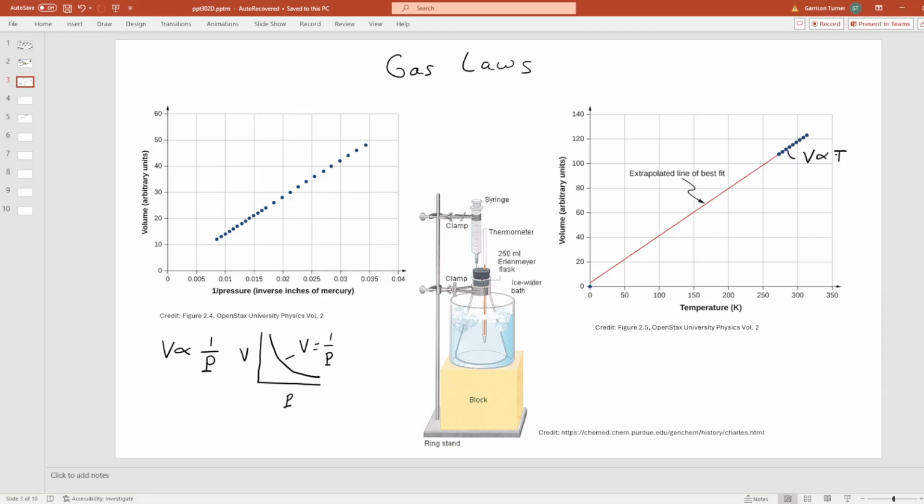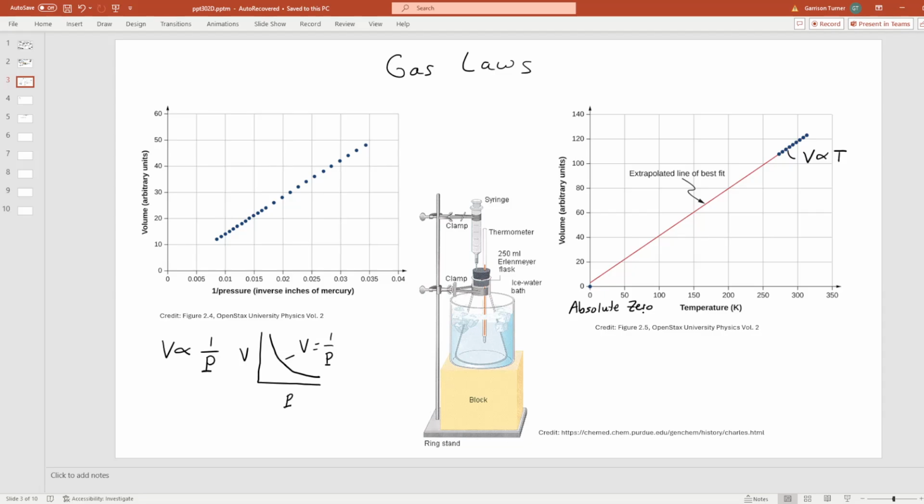Now, we extrapolate this kind of experiment all the way back to when the volume reaches zero. And as you can see, when the volume reaches zero, it's very close to a temperature of zero. This is what we call absolute zero. So absolute zero is the temperature that's achieved when your volume goes to zero.